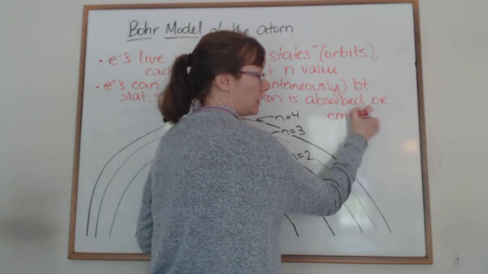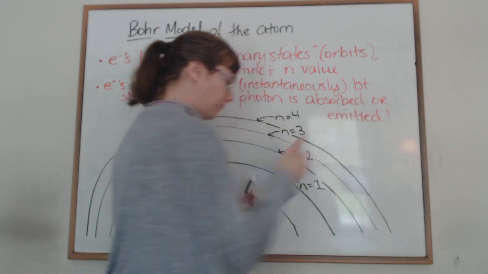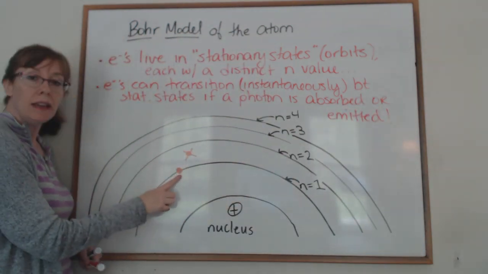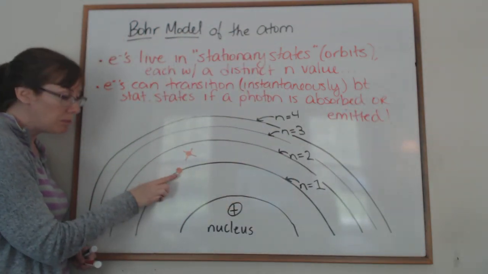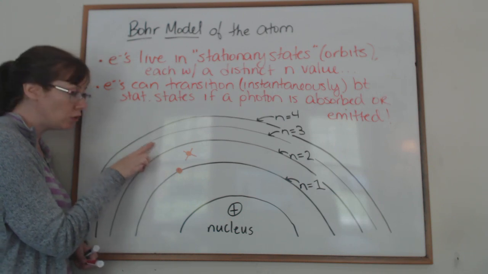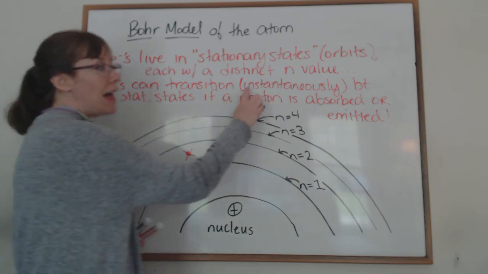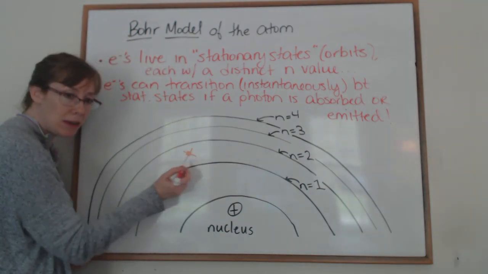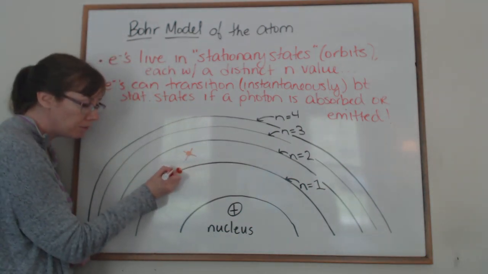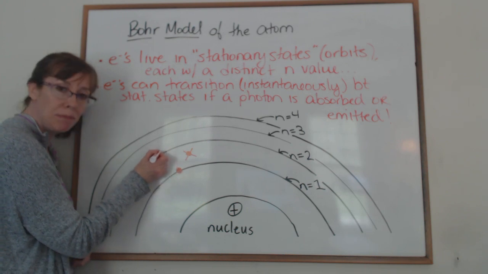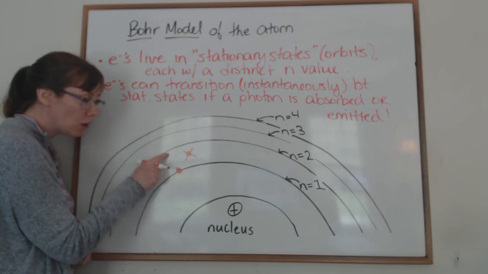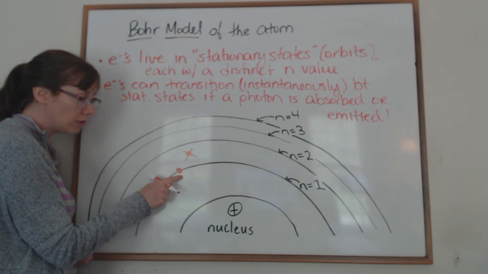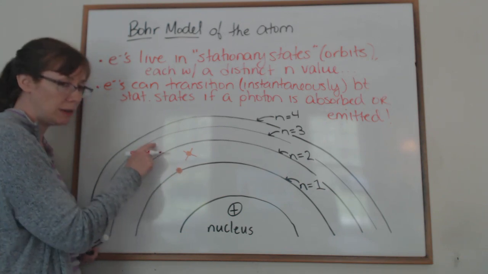Let's stay on this for a little bit here. An electron has got to live in one of the stationary states, but it can transition to a new stationary state. However, that has to happen instantaneously because it can't live in the middle. So it doesn't travel and spend any time at all between the stationary states. They're called quantum leaps. It's either here or here, and it can transition.